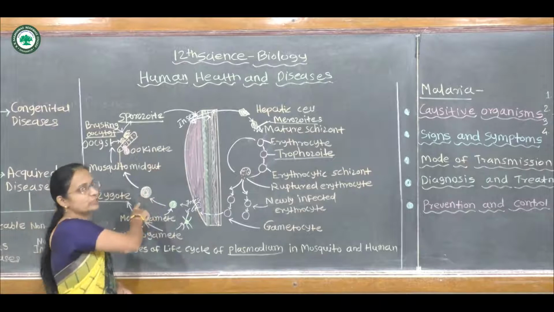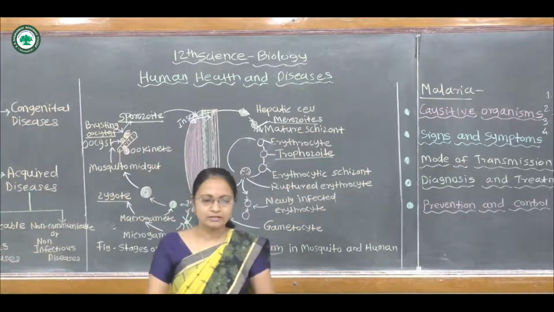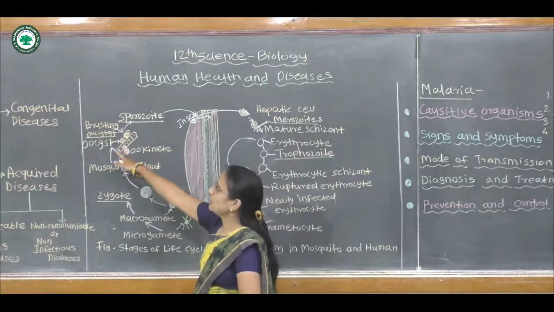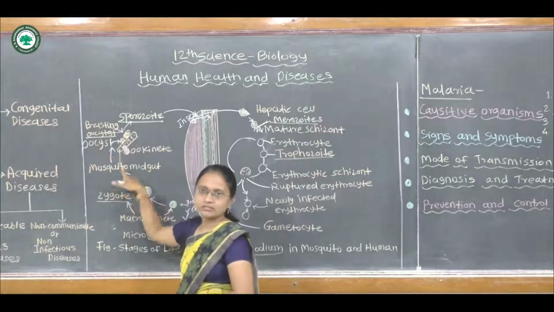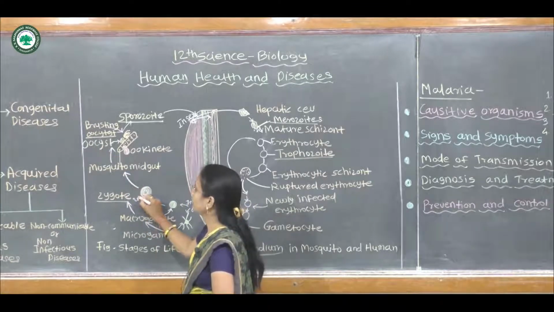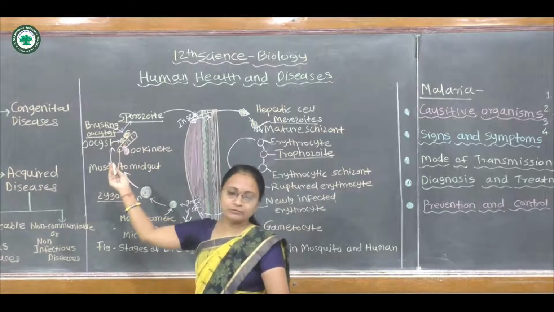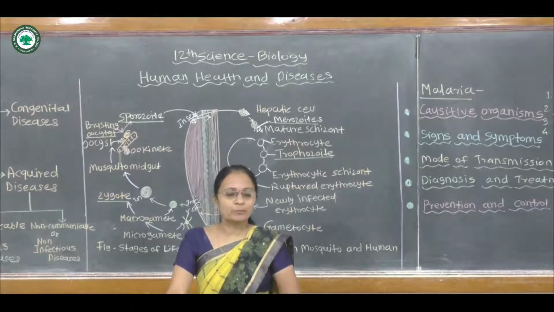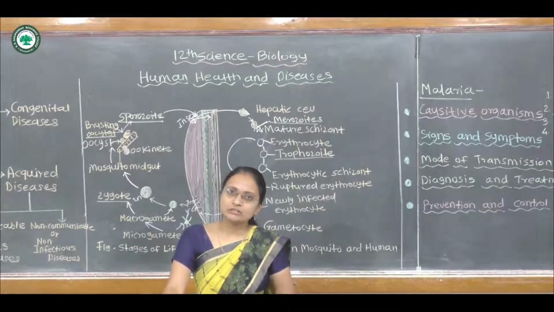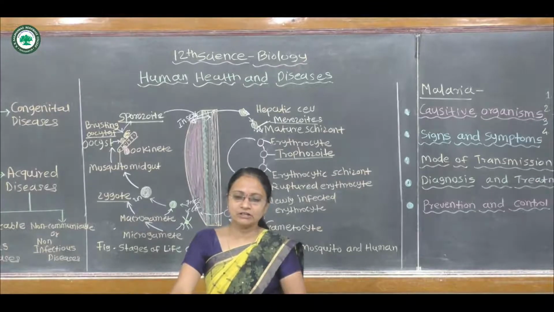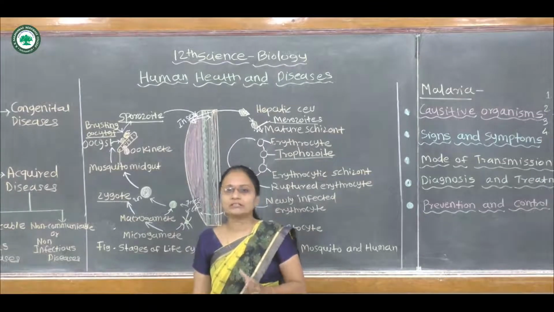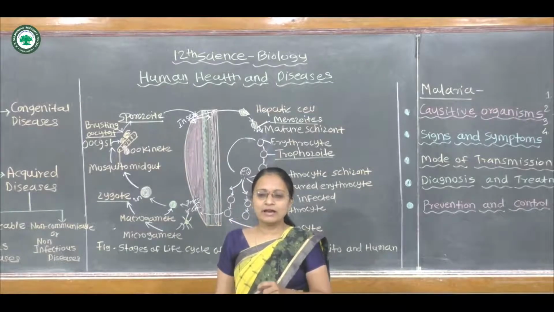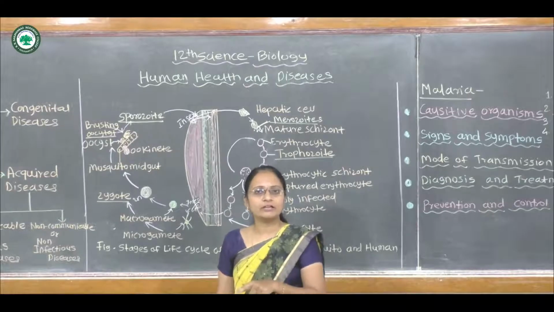The zygote forms there, and this diploid zygote is converted into the oocyst. After that, the oocyst produces a large number of haploid sporozoites through meiosis. These sporozoites migrate to the salivary gland of the female mosquito, ready to infect the human host again.